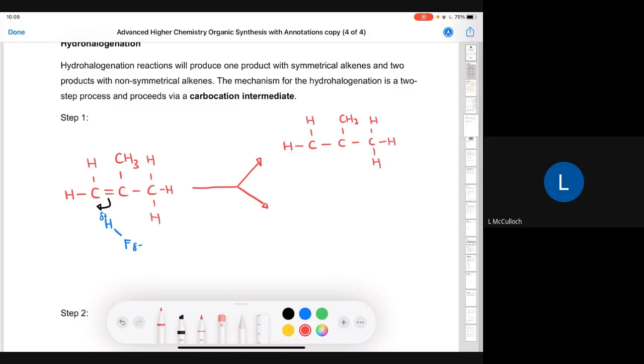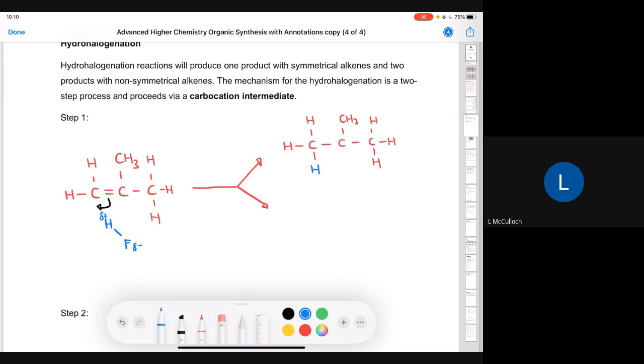So what will happen is we'll form a new bond between the carbon on the left and the hydrogen. In fact, that would be a blue hydrogen, so I will pop that hydrogen in blue. Like that.